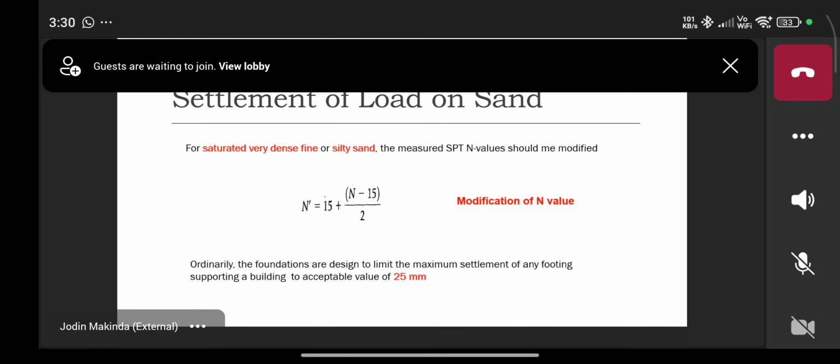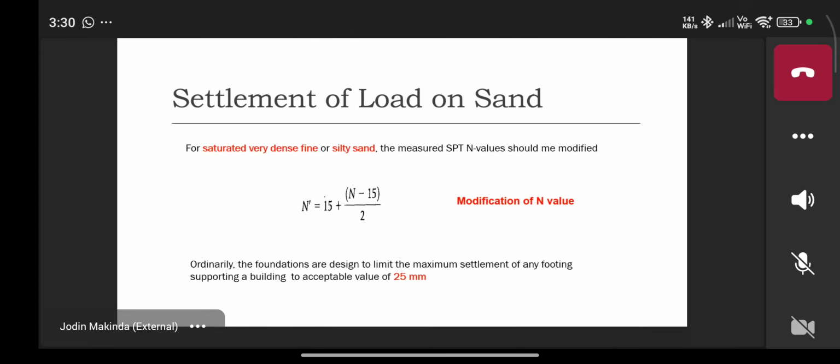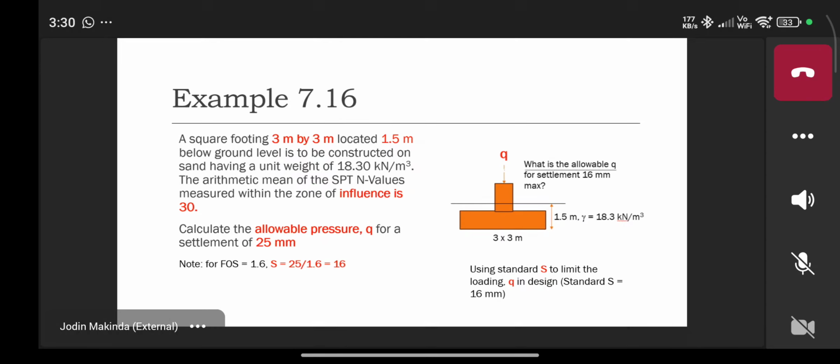The reason it's modified is because you want to standardize the effect of the hammer's weight to the type of the soil. So we standardize first, only for the dense soil and only for the silty sand.